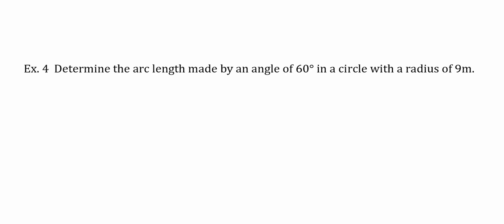Determine the arc length made by an angle of 60 degrees in a circle with a radius of 9. So I'm going to use this formula. But this formula is not in degrees. So what do we need to do? Yeah, the angle in radians. Right, the angle in radians. So what is 60 degrees in radians?